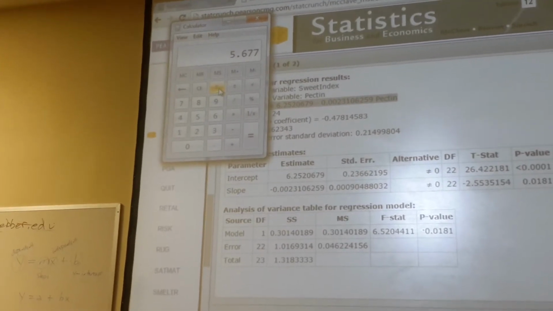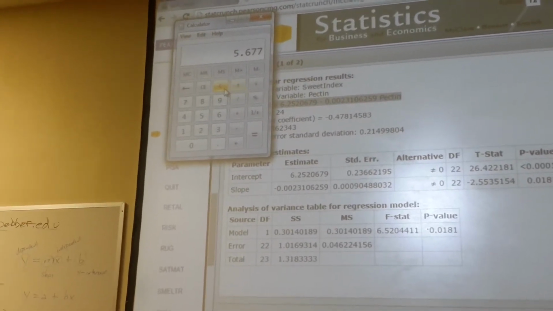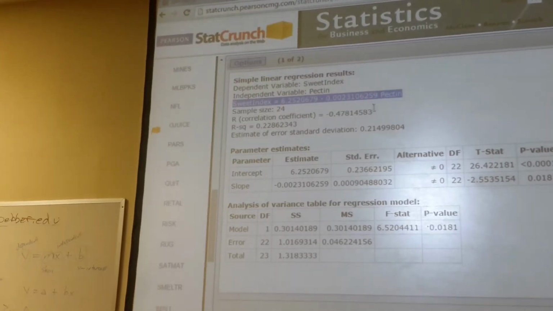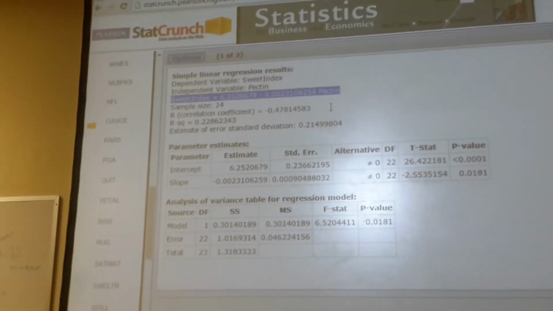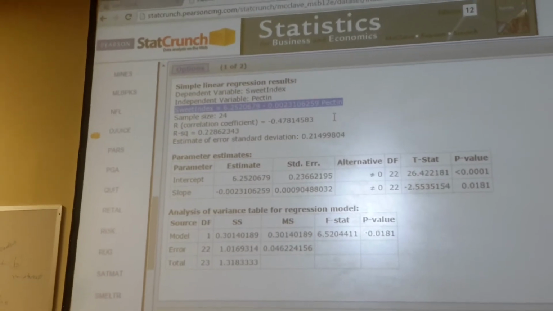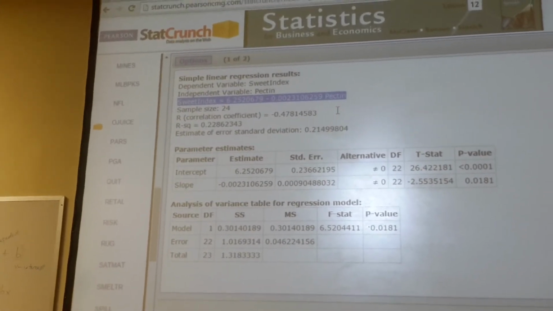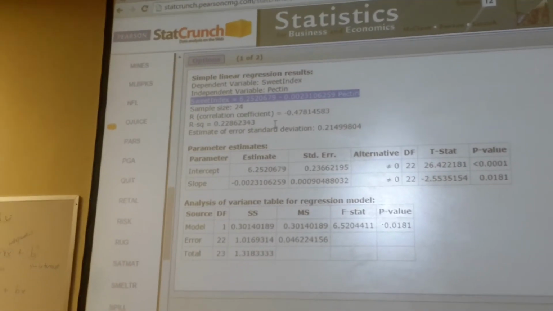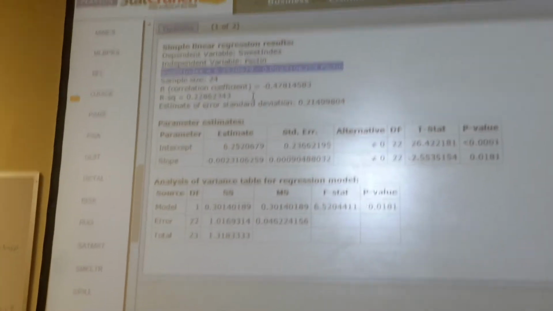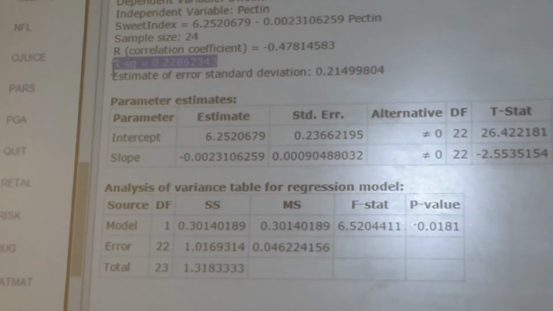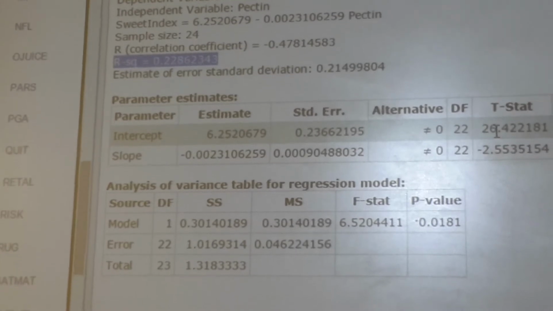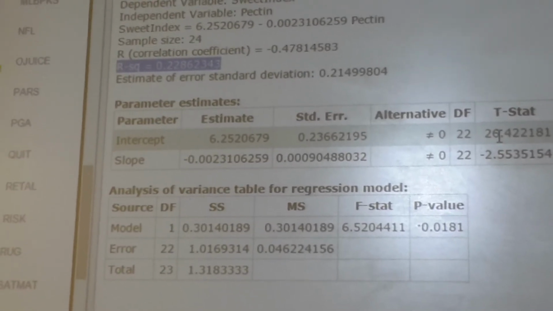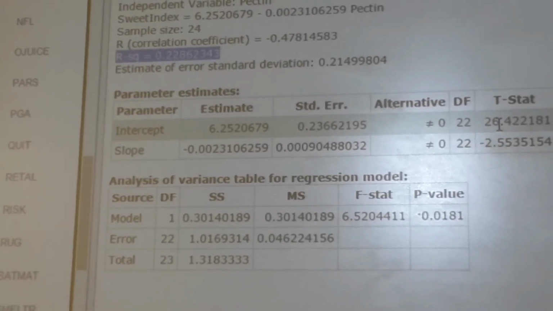And so that's not going to be completely accurate, though. That's a best guess of what our sweetness level would be. But one of the other things that this regression analysis tells us is approximately how effective this equation is. And they tell us that with the coefficient of determination, or the R-squared value.